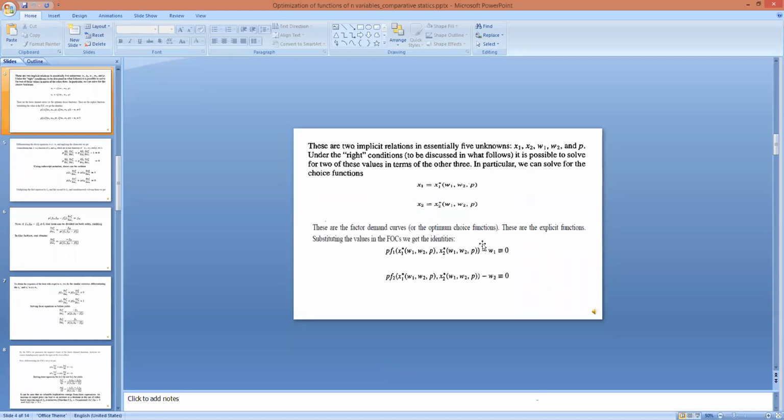So we have one plus F1 here and one plus F2 here. We are bringing that to the right hand side, so we are getting minus F1 and minus F2. Any question?